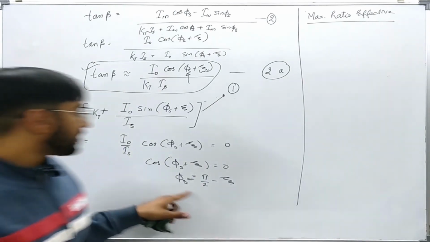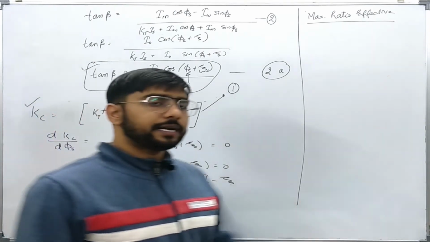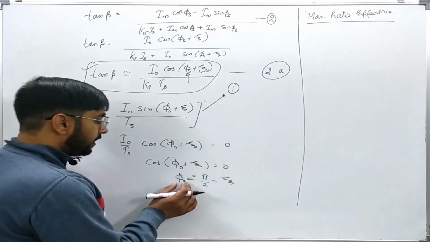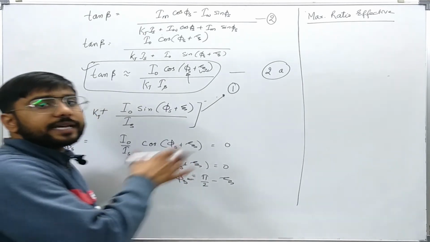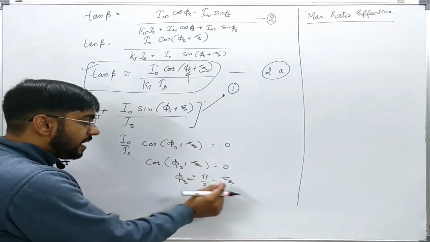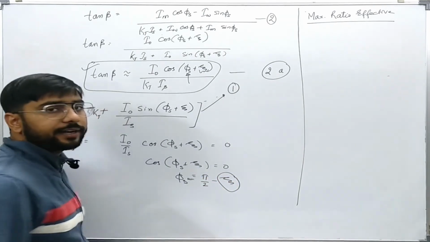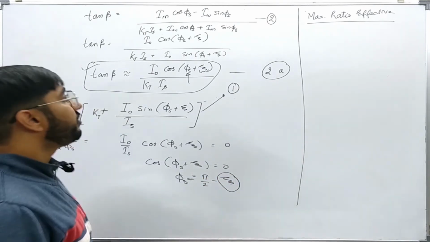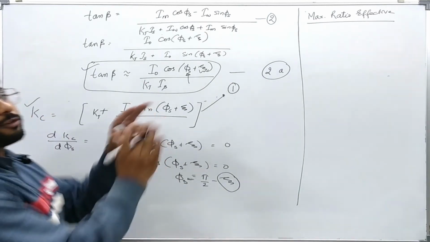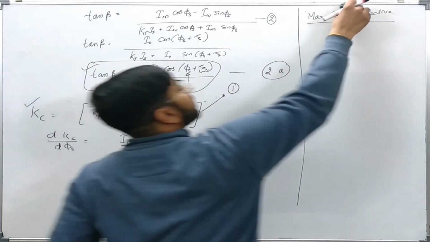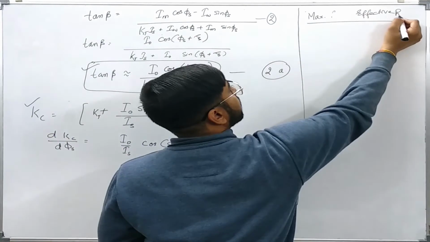So when phi_s is equal to pi by 2 minus zeta, that is, the impedance angle of the secondary side is lesser than pi by 2 by the hysteretic angle, then we will have maximum effective ratio.